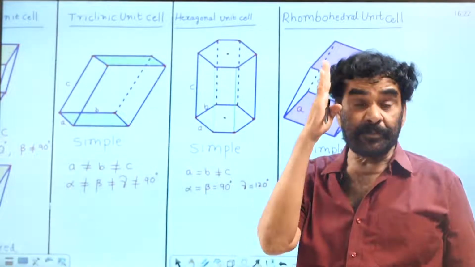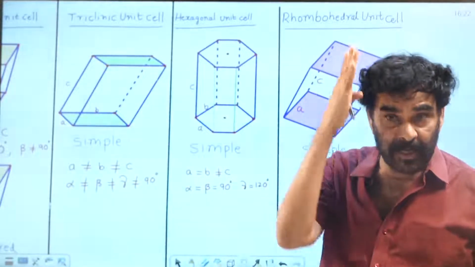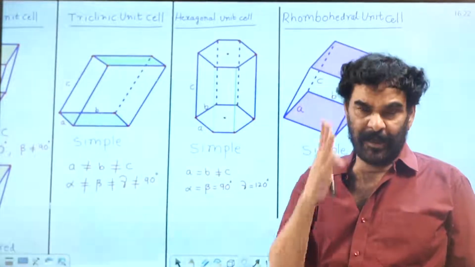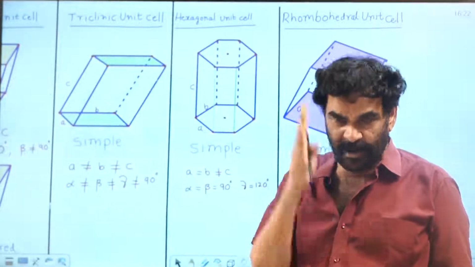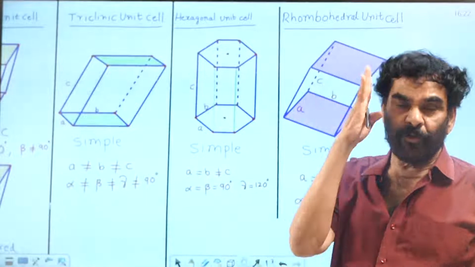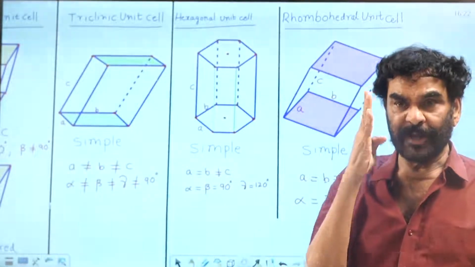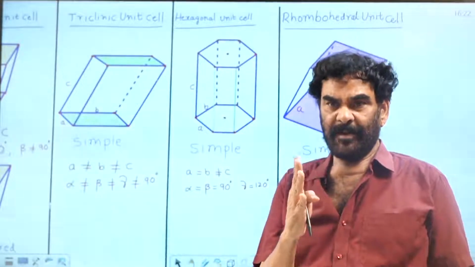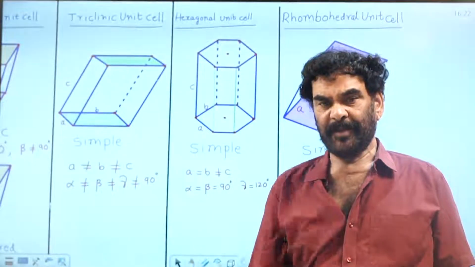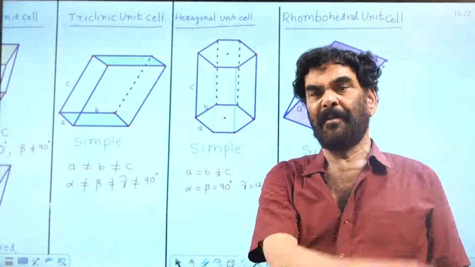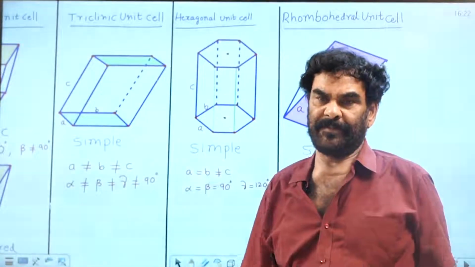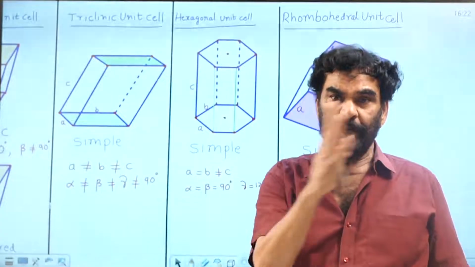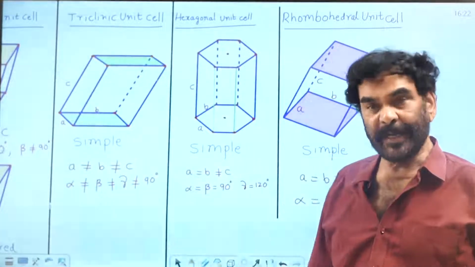But it is practically observed that in nature, in solids, only 14 types of different unit cells exist. Crystals are formed, lattice structures are formed, with only 14 types of unit cells.